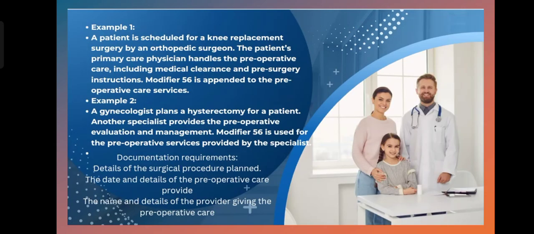Example 1. A patient is scheduled for a knee replacement surgery by an orthopedic surgeon. The patient's primary care physician handles the pre-operative care, including medical clearance and pre-surgery instructions. So modifier 56 is appended to the pre-operative care services.